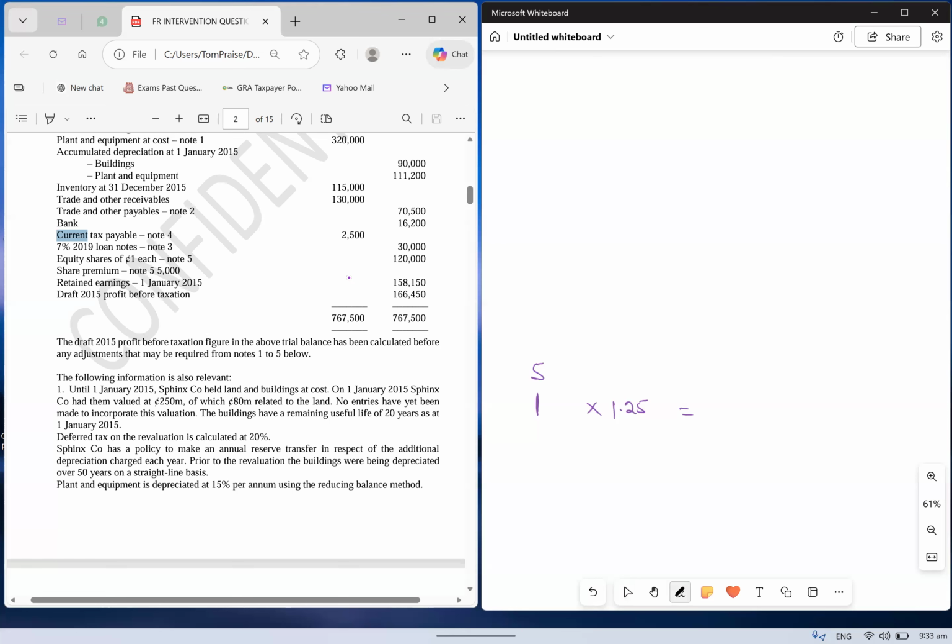It means it was 1 Ghana cedi, but that won't make it possible because we need to find something. Now, right issue is giving shares to your existing shareholders at a price below the market price. This one is the nominal price, so it's not a market price.